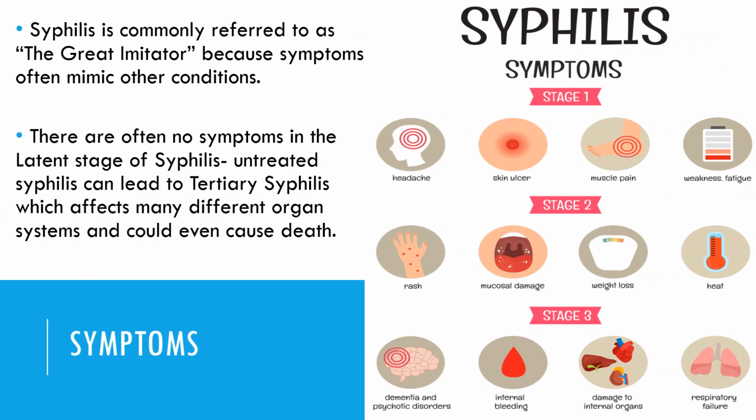Here are more symptoms associated with syphilis. You will notice most of these symptoms are generic symptoms like headache, fatigue, weight loss, and muscle pain, which is why syphilis is commonly referred to as the great imitator.